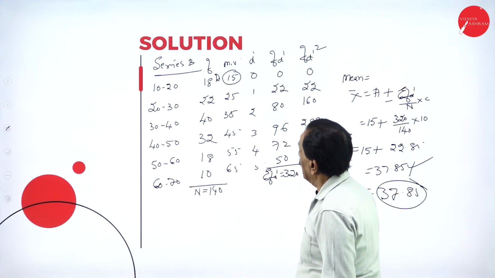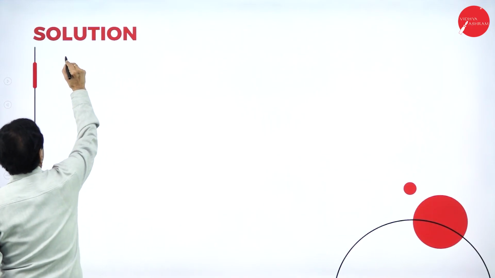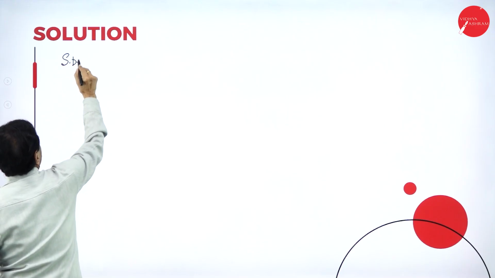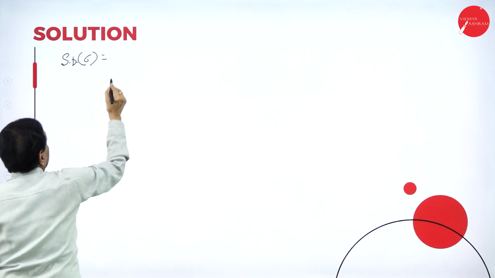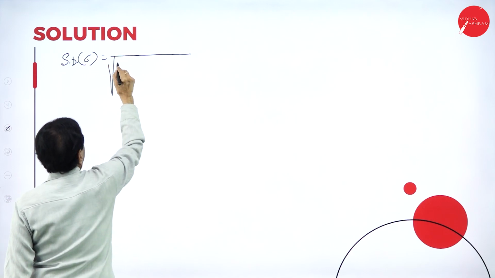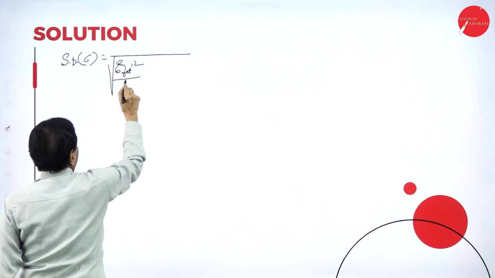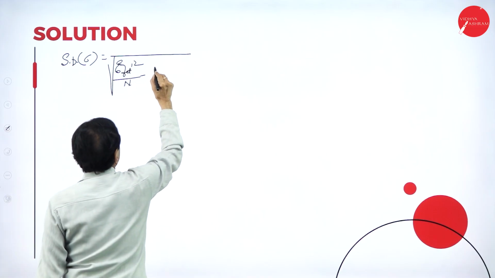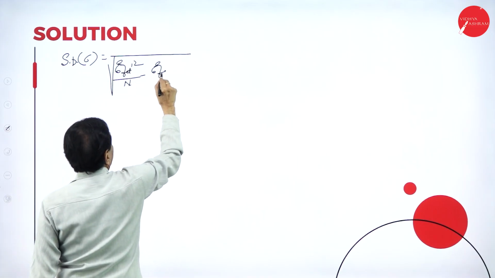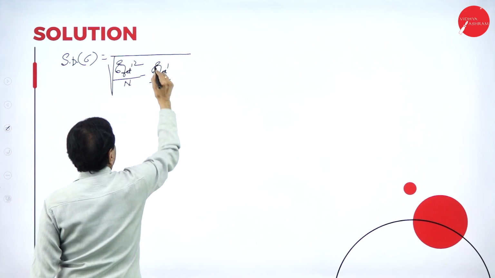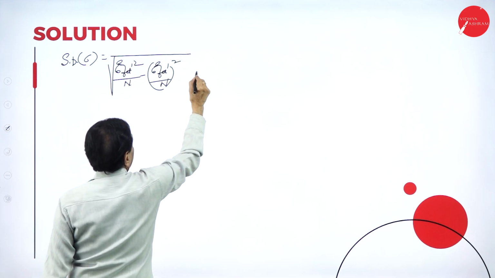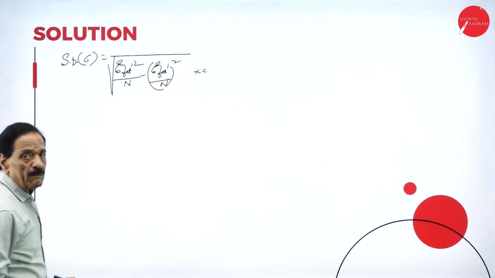Now, what do we require? Standard deviation. Standard deviation is equal to root of sigma ft dash square divided by n minus sigma ft dash divided by n whole square into c. What is the formula?